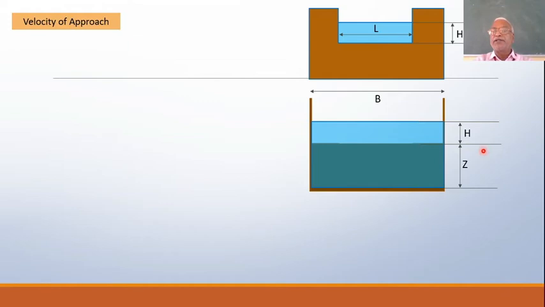If this height is Z, height of the crest, then the flow is coming with this much of cross-sectional area behind the notch. Behind the notch, the cross-sectional area of the flow is B into H plus Z. Right? The same discharge, whatever is coming out here, is flowing through over here.